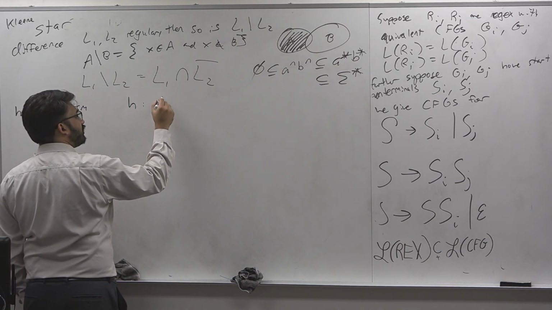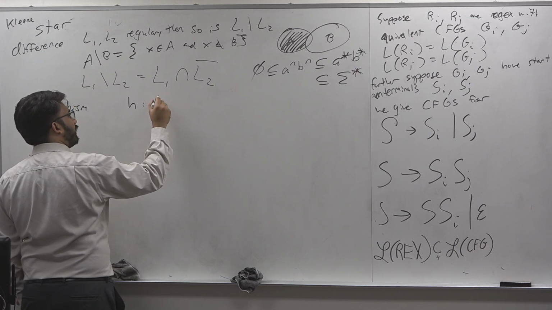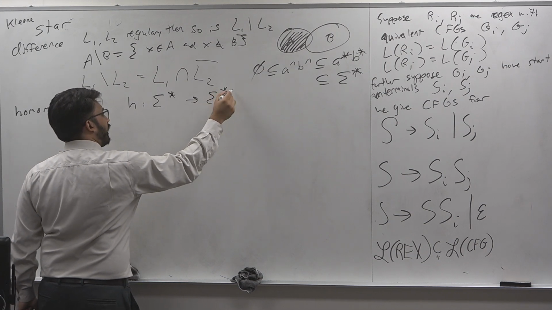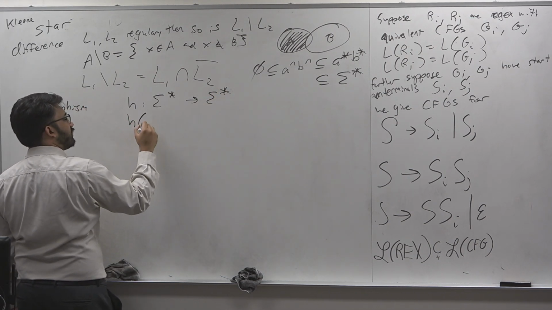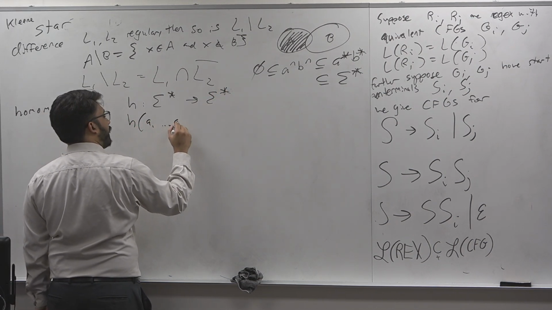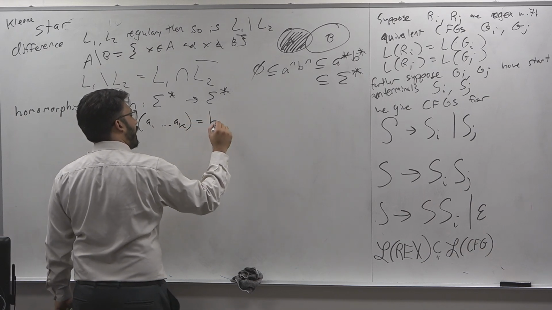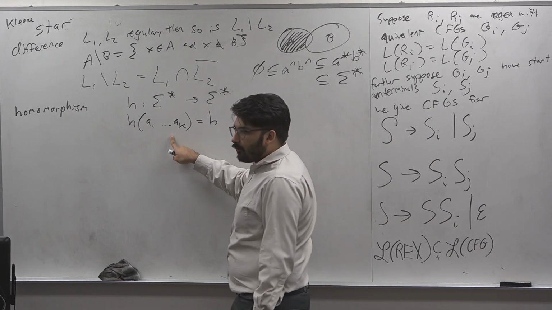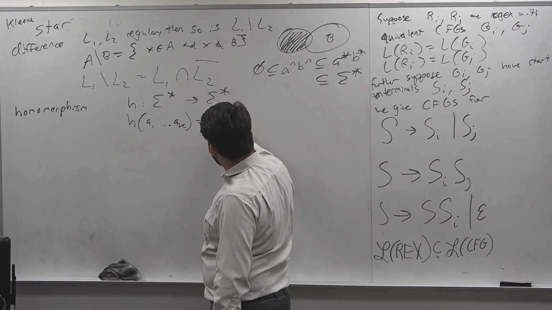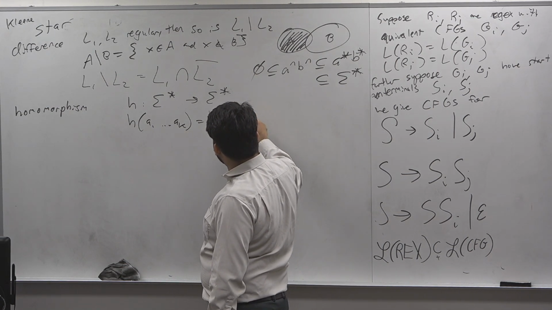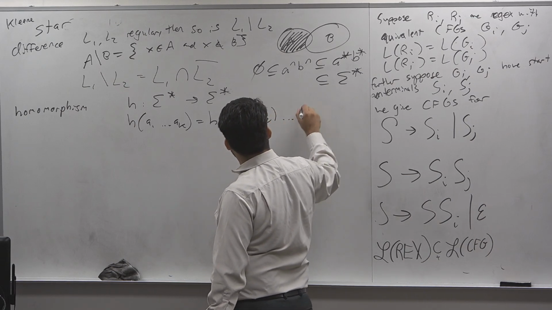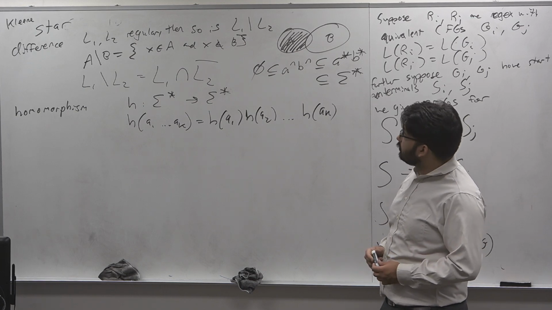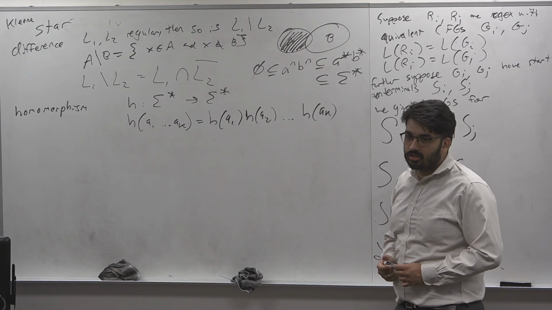It's a function that goes from sigma star to sigma star, such that h of a1 to ak is equal to the concatenation of the symbols, a word. The homomorphism of a string is equal to the concatenation of the homomorphism of the letters. So in some sense, a homomorphism is a very pleasant looking function because it has a nice osmosis property.